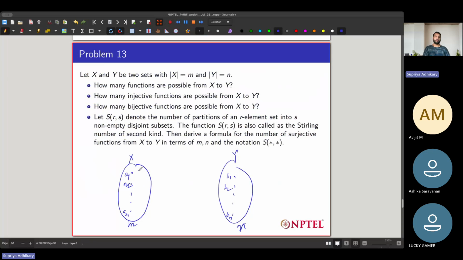So a1 can map to any of these n many elements, so there are n possible values for a1. For a2 there are also n possible values, and similarly for am there are n possible values. So this is m times. So the total number of functions that are possible from x to y is n to the m.